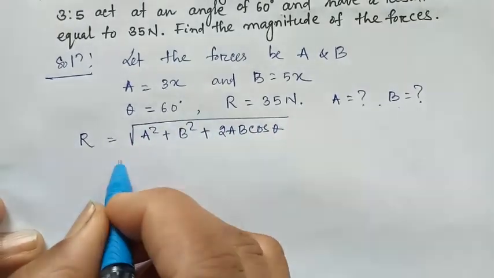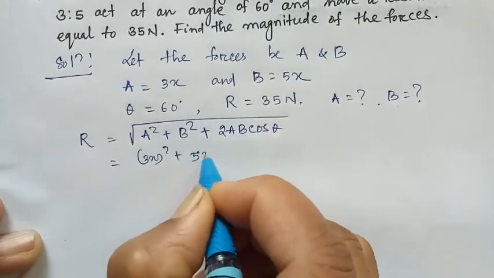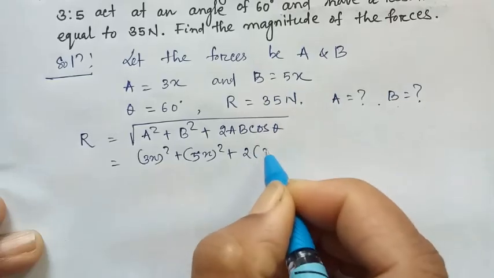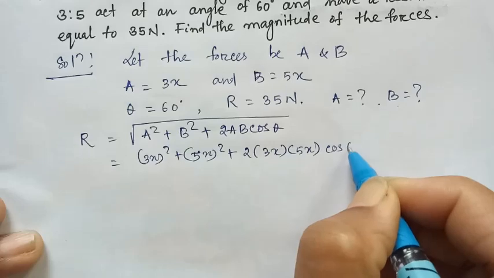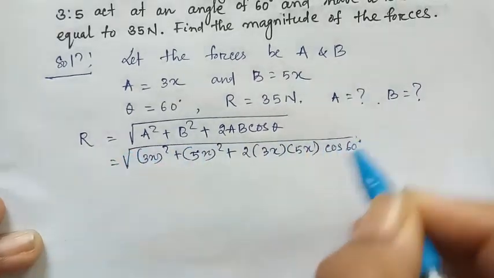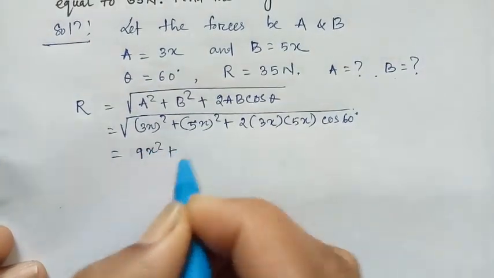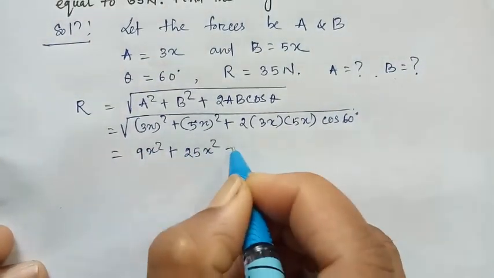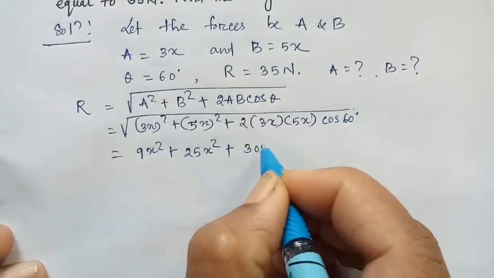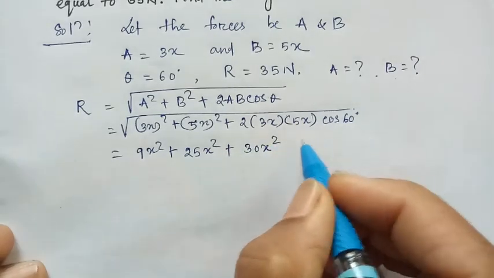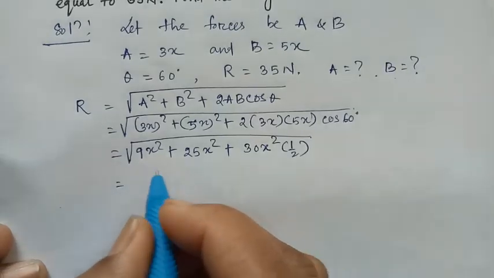Then A is 3x square plus B is 5x square plus 2 into 3x into 5x cos theta, given as 60 degree, root over, is equal to 9x square plus 25x square plus 2 into 3 is 6, 5 is 30x square, and cos 60 is 1/2.